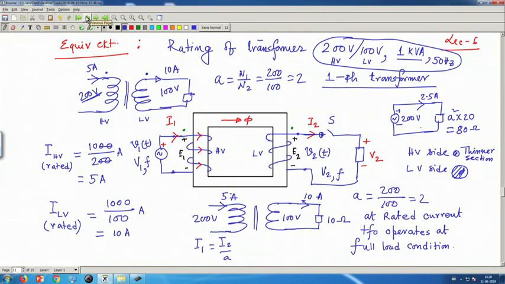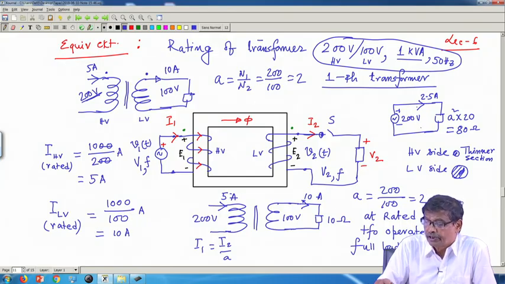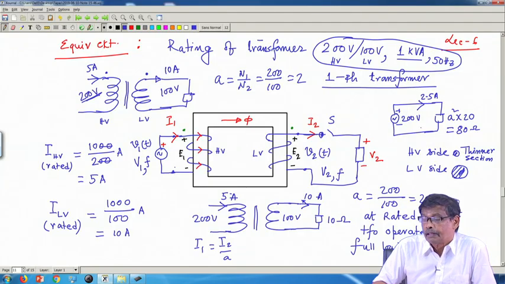Of course, the voltage ratings I have just taken, so that calculations become easier, 200 volt stroke 100 volt, but in practice voltage ratings could be one side of kilovolts, another side may be 220 volt or 440 volt.